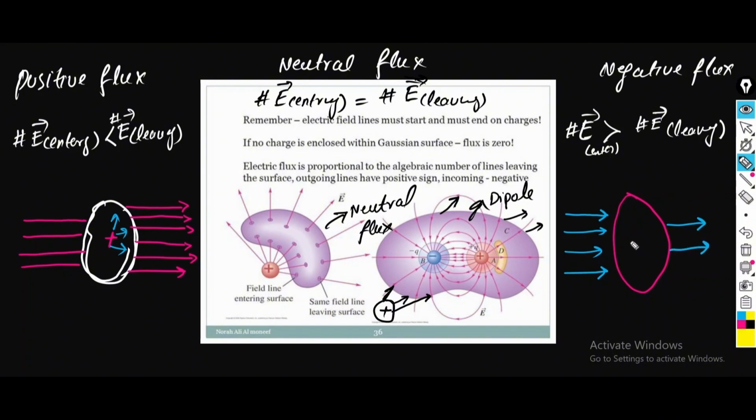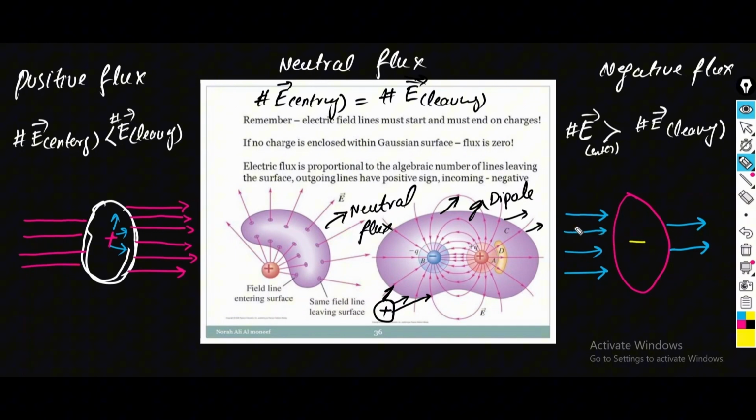This is because inside this Gaussian surface there is some charge present. In this case, that charge is negative, and its electric field lines are entering radially inward towards itself.